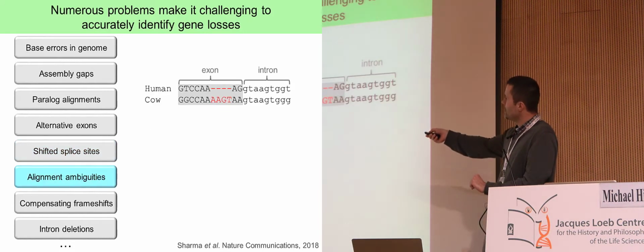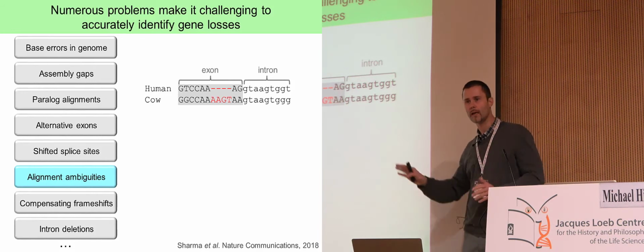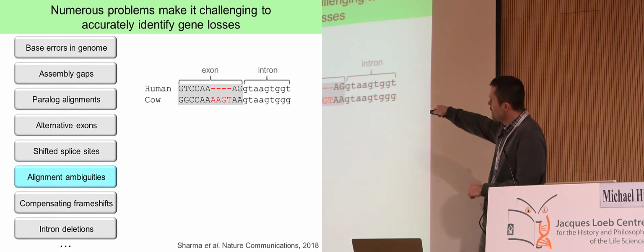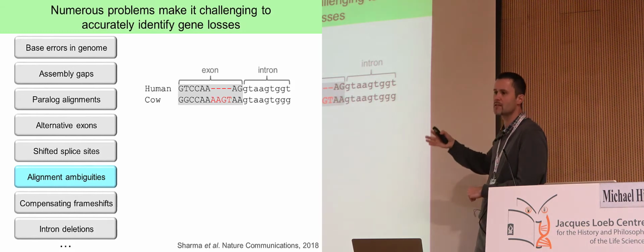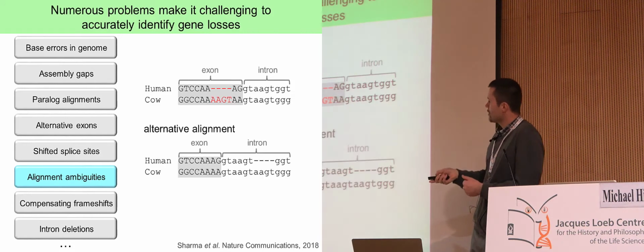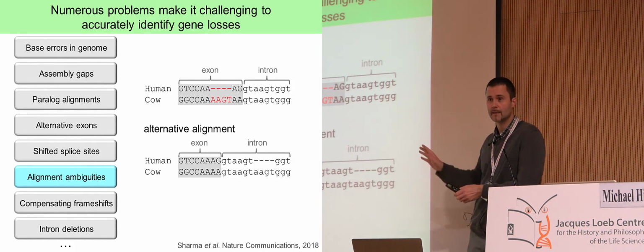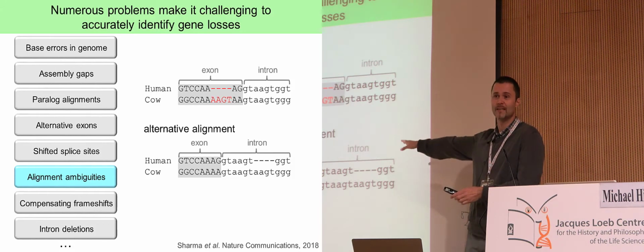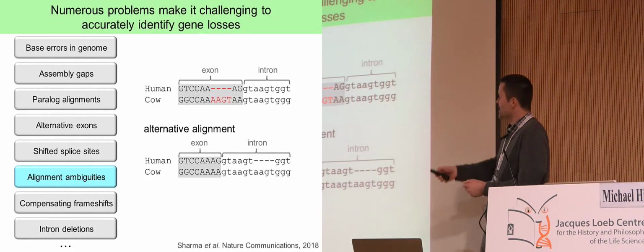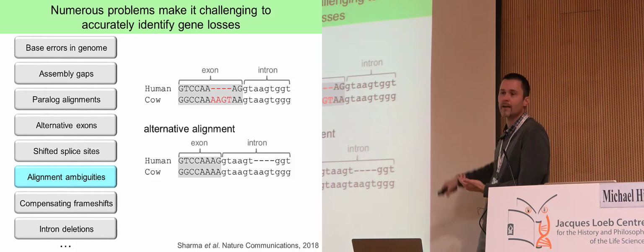In this case, we have a 4-base insertion in the cow. And if you carefully look at this alignment, it's quite similar, right? This looks like really a decent alignment, there's no reason to suspect it is wrong. But it turns out you can find an alternative alignment, and this is not an alternative fact, this really exists, where pretty much the same 4-base insertion is now located in the intron.